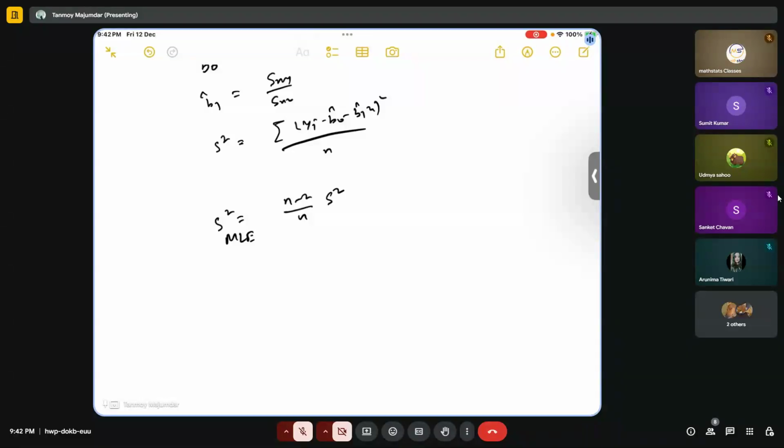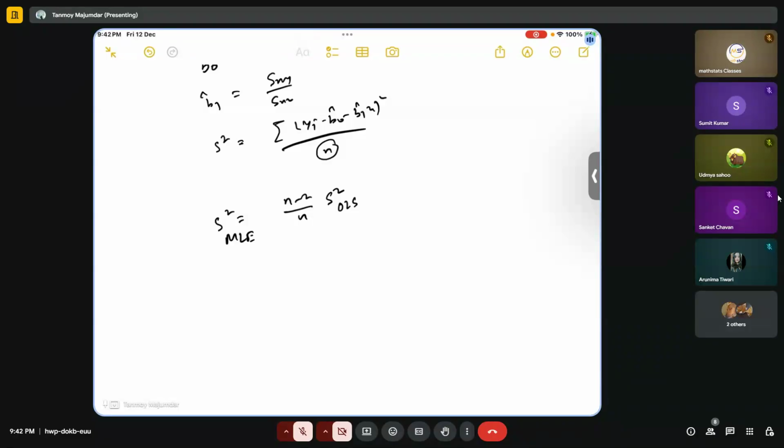So whenever we are talking about the MLE, we are missing the degrees of freedom part. Here the denominator is n, and in the OLS method the degrees of freedom was n minus 2. That's why S square MLE is equal to n minus 2 by n times S square of OLS.